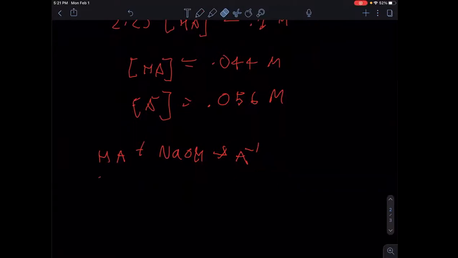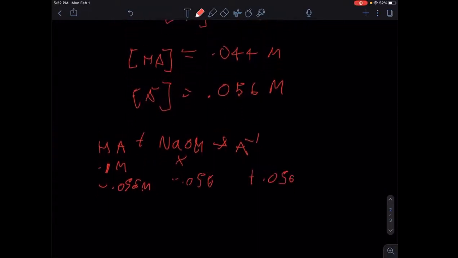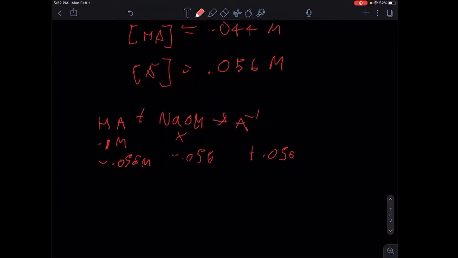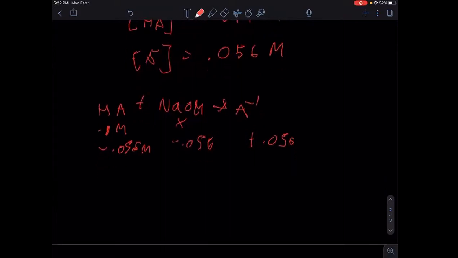So we started off with 0.1 mole. My Apple Pen's acting a bit weird, right? And then we subtracted 0.056 moles from it, right? So we used up whatever we have. We used up 0.056 moles. So we need X itself to be 0.056 to cancel it out, maybe, right?